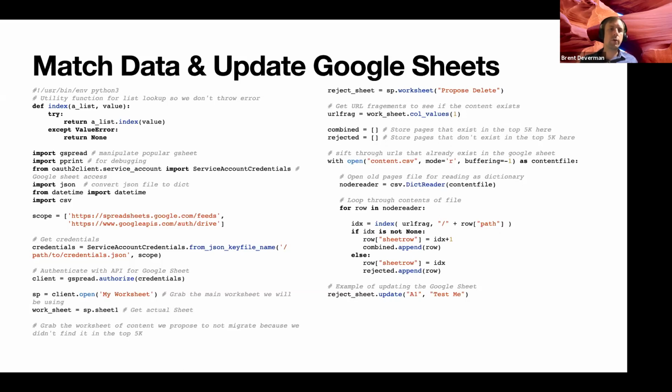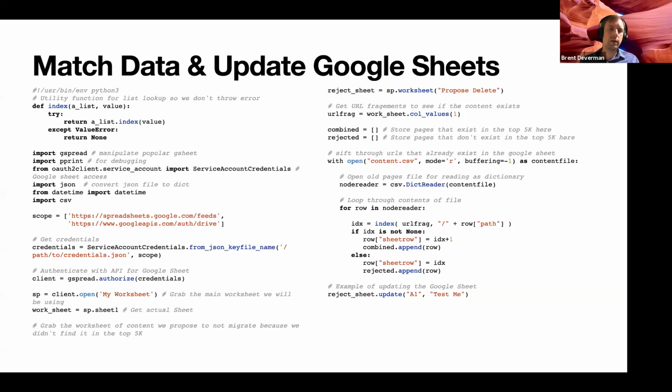Okay, then I'm importing the gspread Python library and the OAuth library to be able to connect to it. And of course, you can also use JSON, datetime, and CSV as you open up the script and do more. The first thing is you have to give the credentials a scope of what it should have access to.